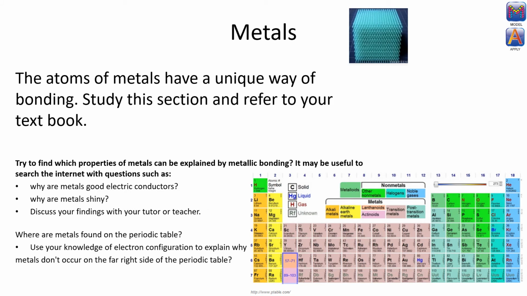So, metals. Now, the funny thing I haven't mentioned about the periodic table is you can see just there, metalloids are in that green colour, and these are the ones that run down the screen. Everything on that side we refer to as a nonmetal, and everything on that side we refer to as a metal.